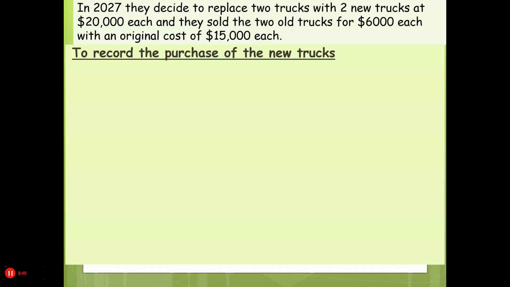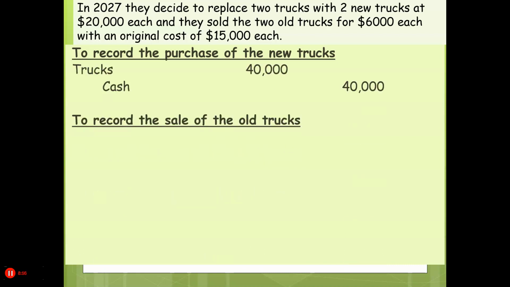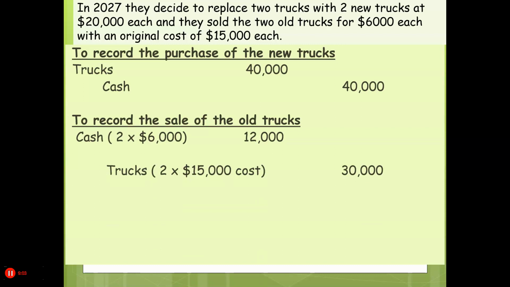We sold our 2 old trucks at $6,000 each with an original cost of $15,000 each. So how do you record the purchase? It would go trucks, cash. To record the sale of the old, we'd debit cash, 2 times 6, which would be $12,000. The book value, what we paid for them, would be 2 times 15. And the plug would be accumulated depreciation.